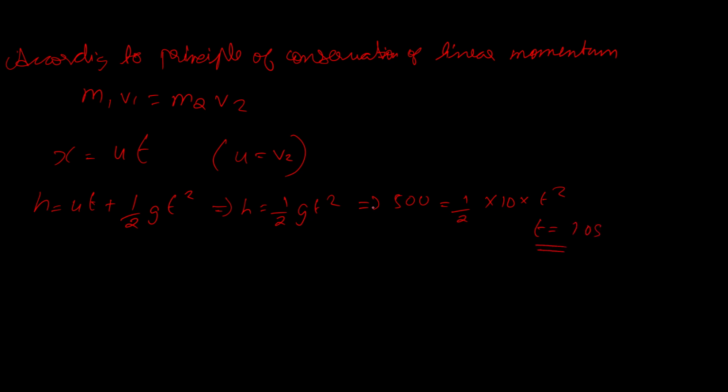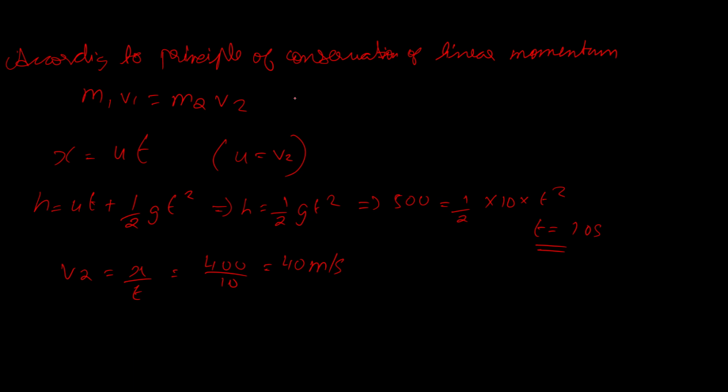Okay, with the help of this t, we can find our v2. So v2 will be equal to x by t. What is x? x is 400 by 10, which is equal to 40 meter per second. Okay, now we can find the recoil velocity of the gun, right? m1v1 is equal to m2v2.